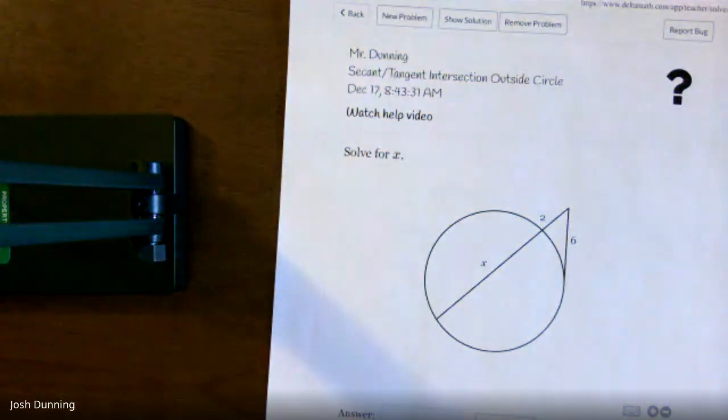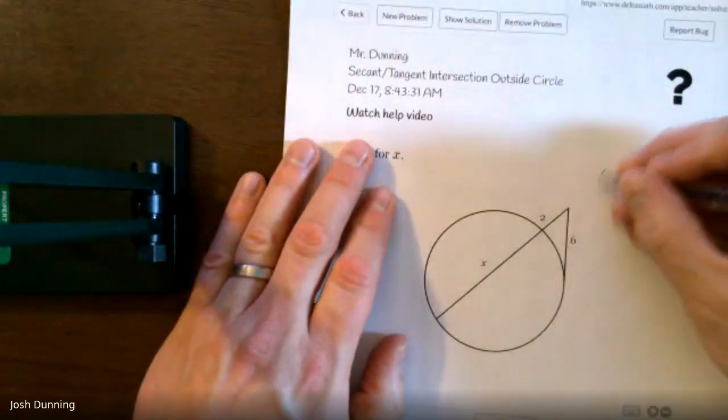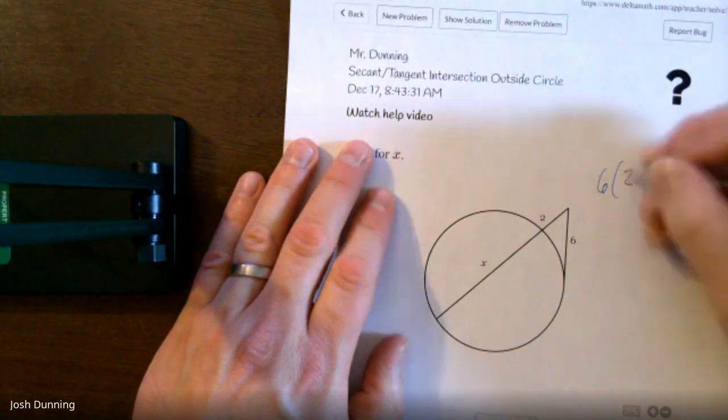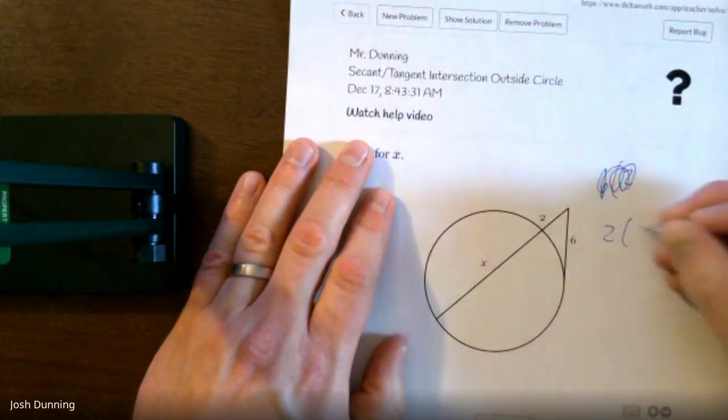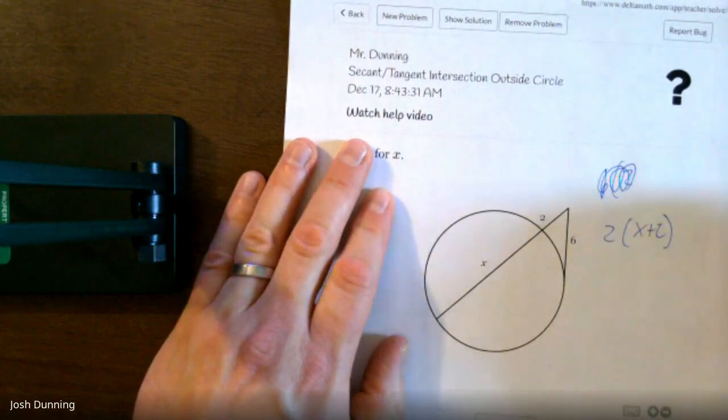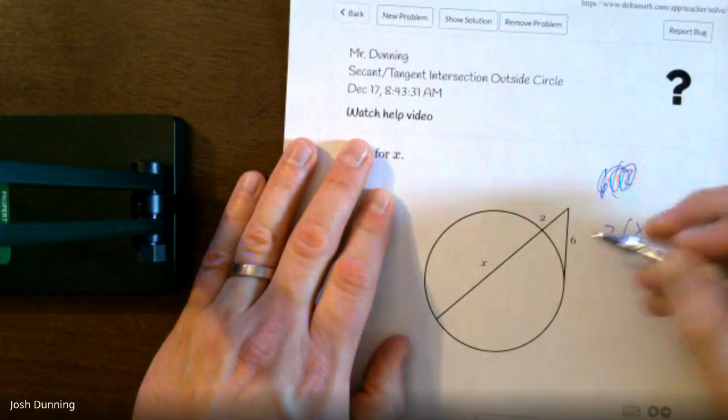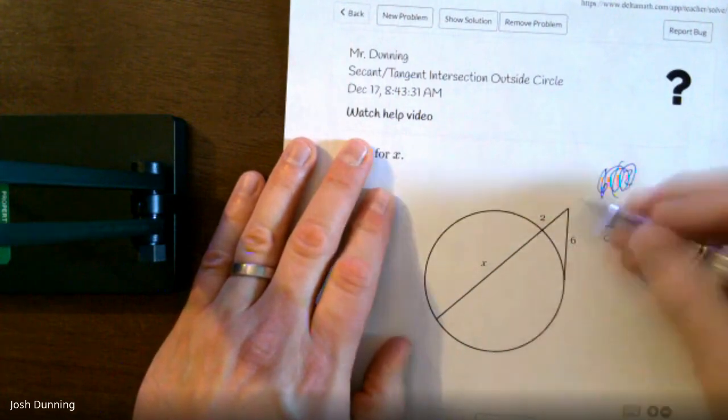All right, now the last question here. We still have an outside times the whole thing. 2 is the outside, x plus 2. But now we have a tangent here instead of a secant that goes through it twice.